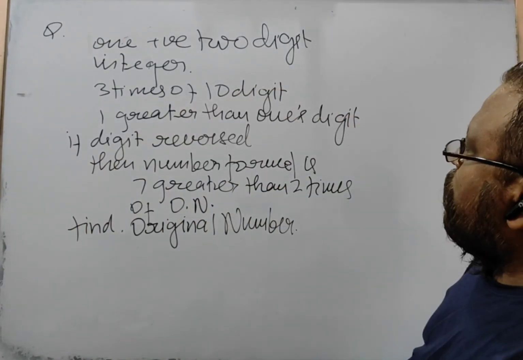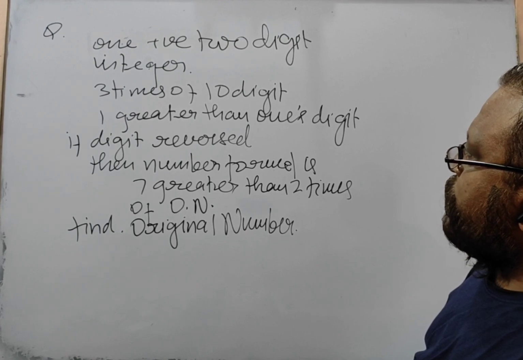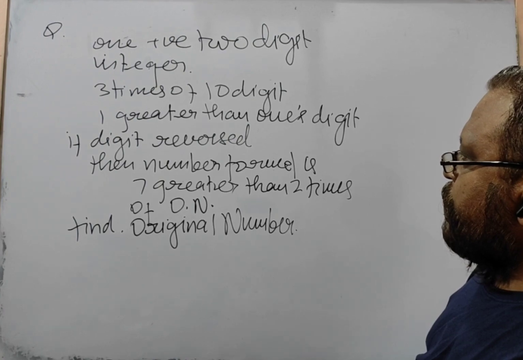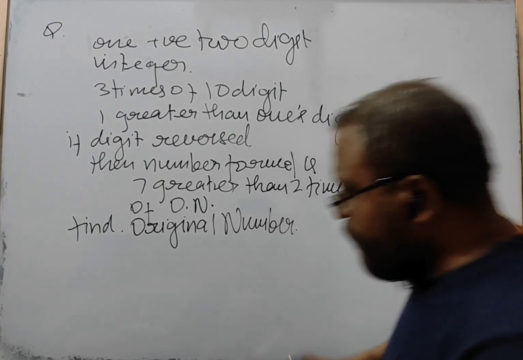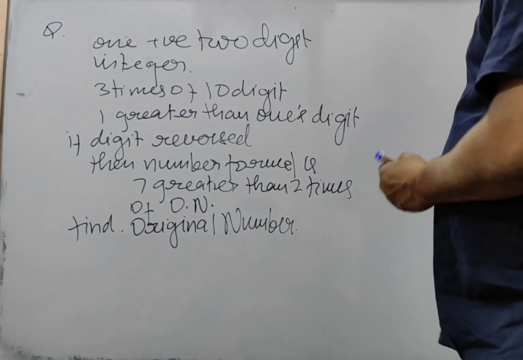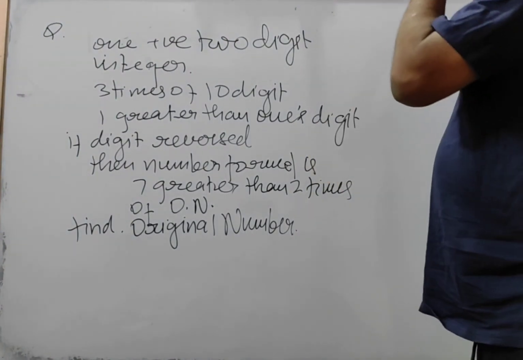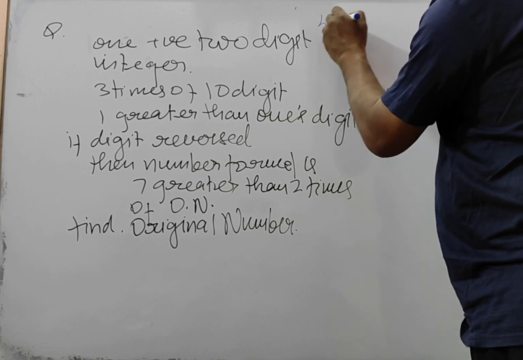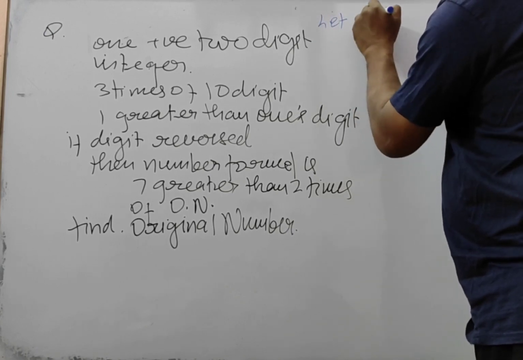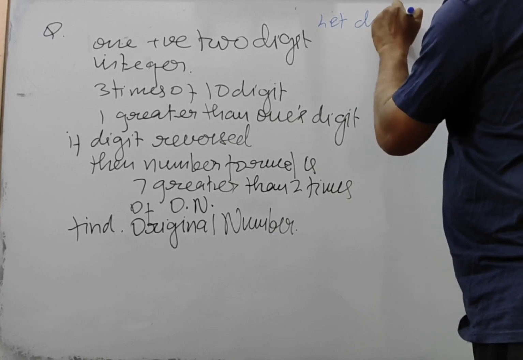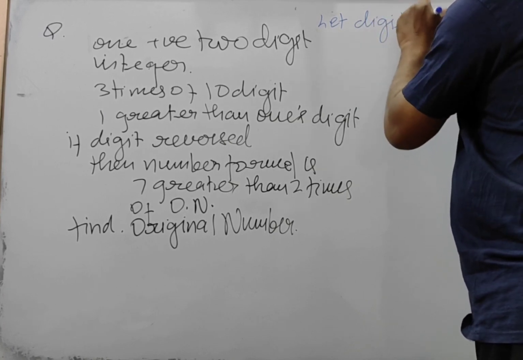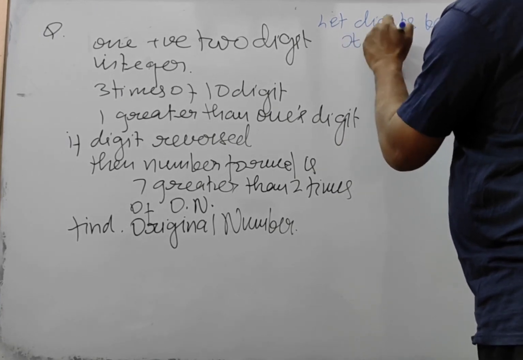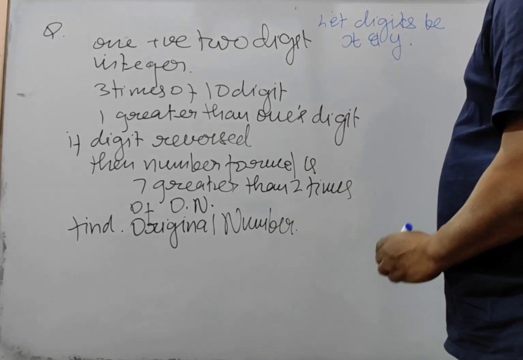Now, one two-digit positive integer. 3 times the tens digit is 1 greater. Okay. So we can think of it like this: let the digits be x and y, right?